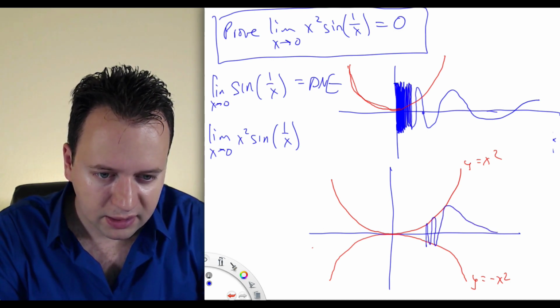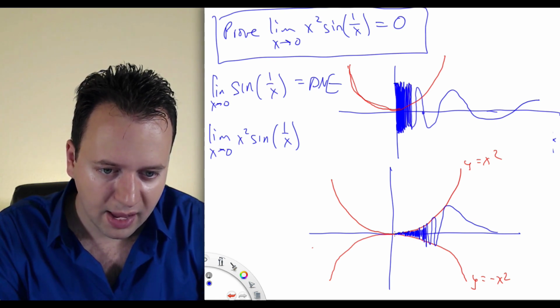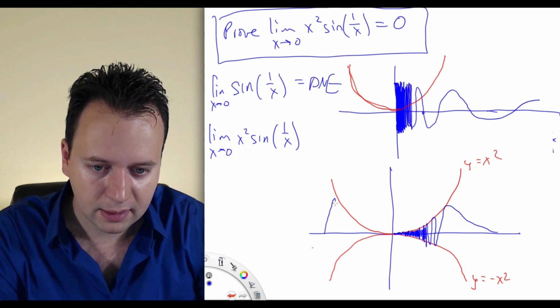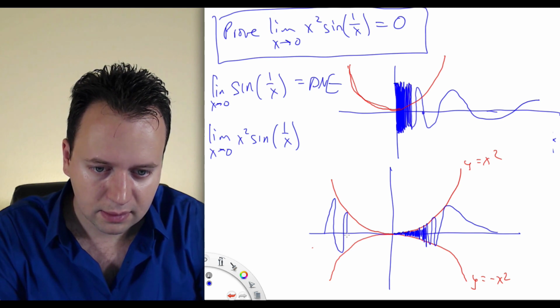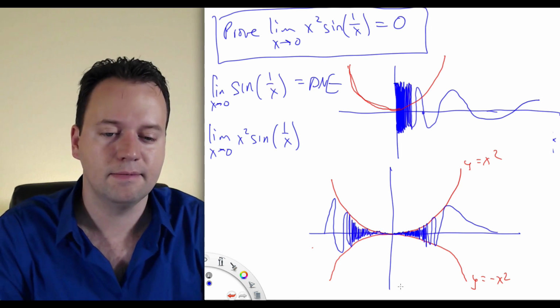So we get oscillations that start to get tighter and tighter. But now their amplitudes are squeezed between minus x squared and plus x squared, and they keep going back and forth faster and faster. The amplitudes are squeezed in there. And the same thing on the other side. They start going back and forth faster and faster, but the amplitudes are squeezed in there.